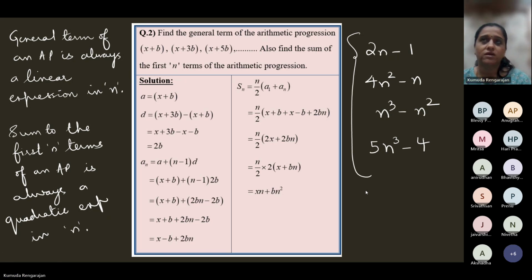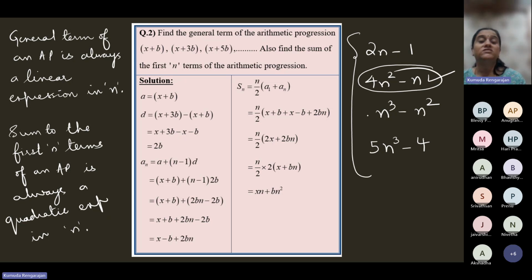So we know that the expression that represents the sum to the first n terms of an AP is always quadratic in n. So of these expressions, this one is quadratic in n. So this only can represent the sum to n terms of an AP.